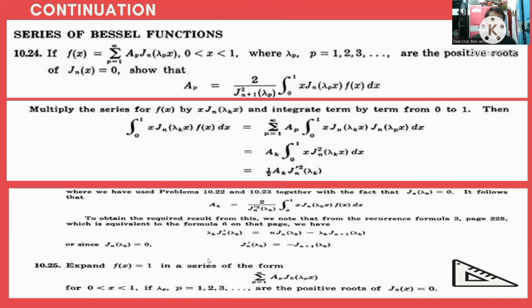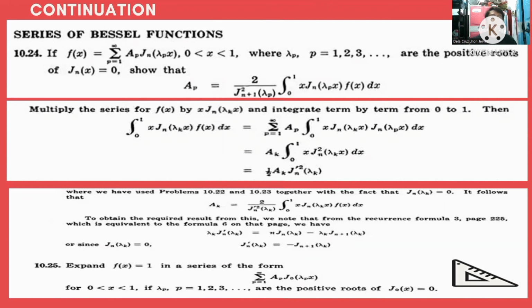It follows that a_k equals 2 over J_n'^2(lambda_k) times the integral from 0 to 1 of x J_n(lambda_k x) f(x) dx.